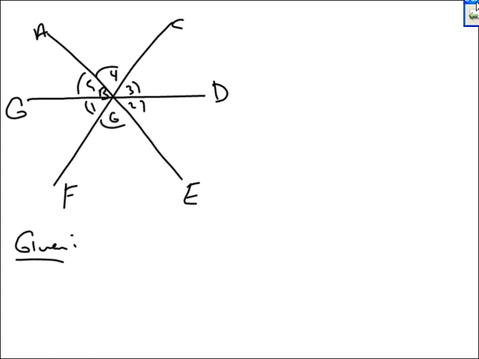We are given that GD bisects some other line segment, CBE. That's what we are given.